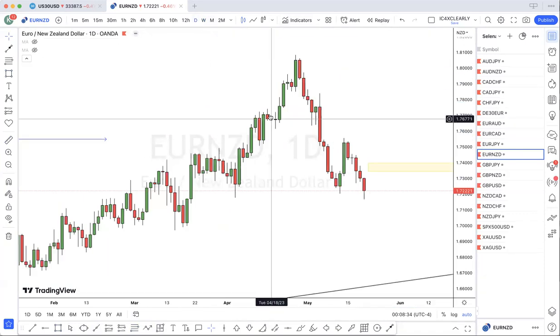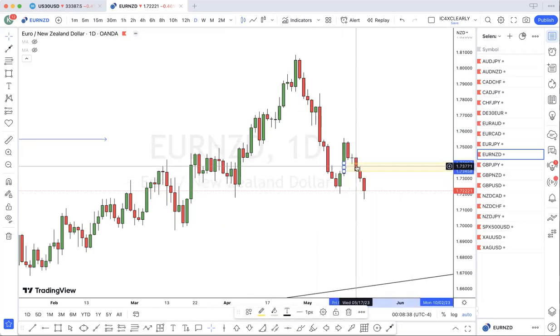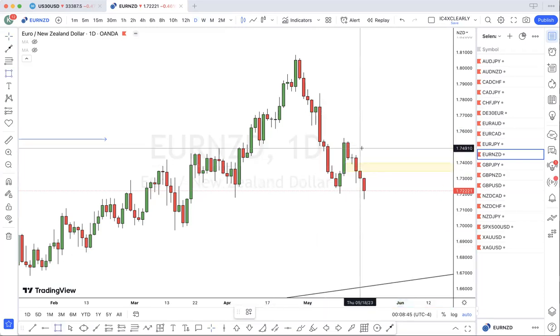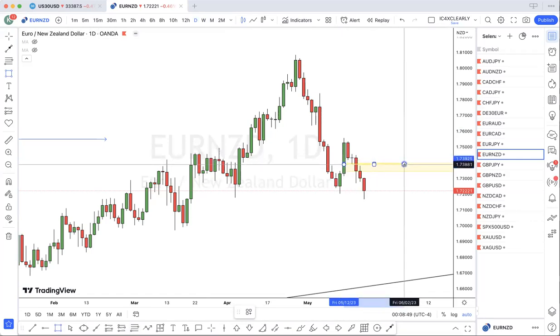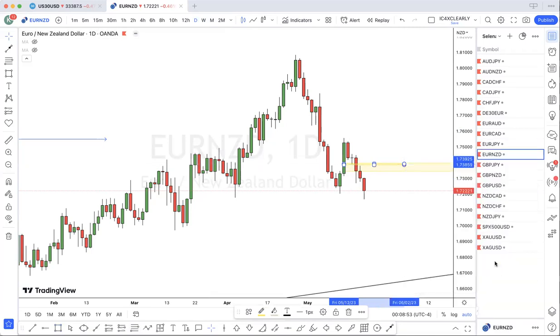So if we go down to the daily, 50%, 618. So price may come and fill this imbalance. And y'all know I will find the smallest imbalance there is.